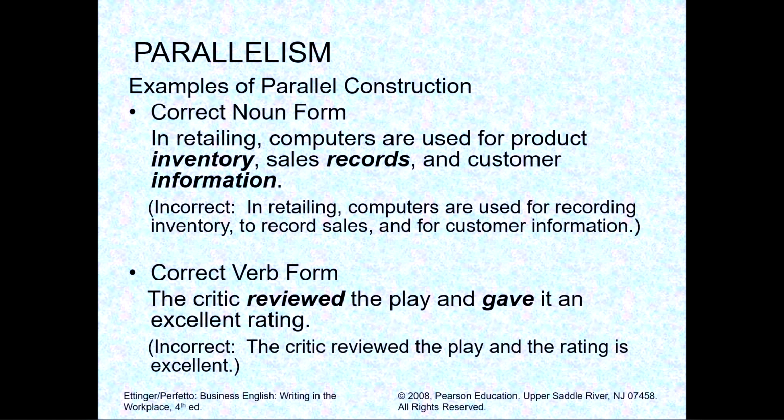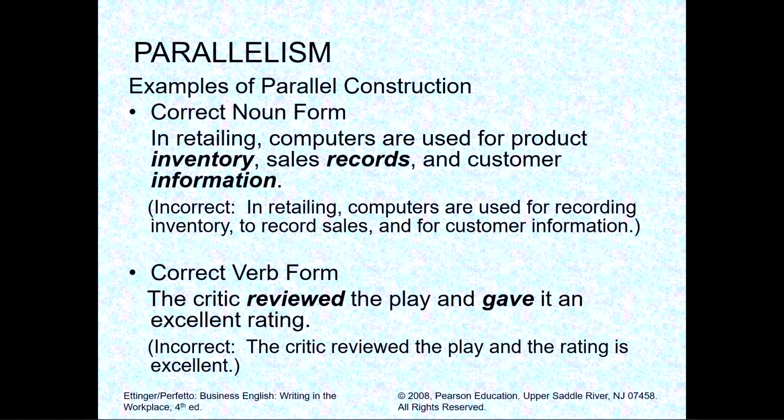Now, these are the actual nouns we're talking about. This is the series, right? Parallelism has to do with series. A series is two or more. So here we have three: product inventory, sales records, and customer information, right? And you also have the last one here, the incorrect version.